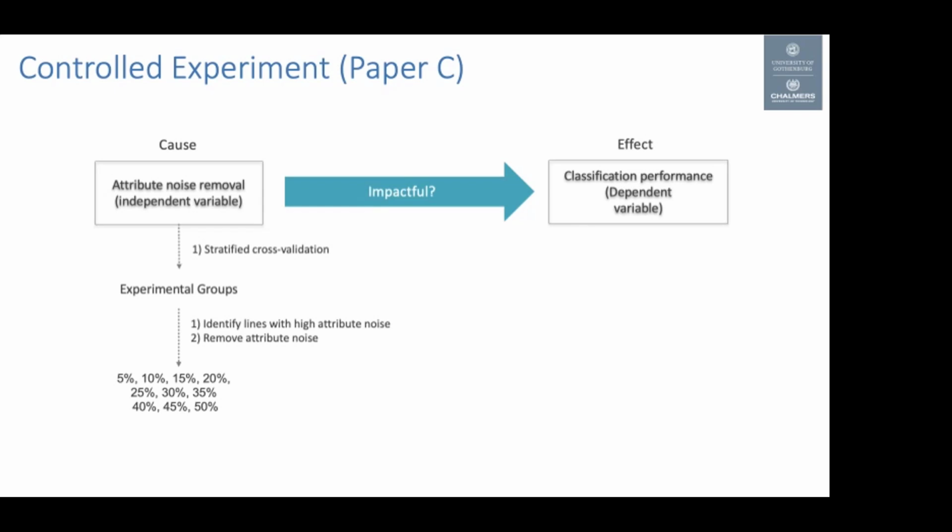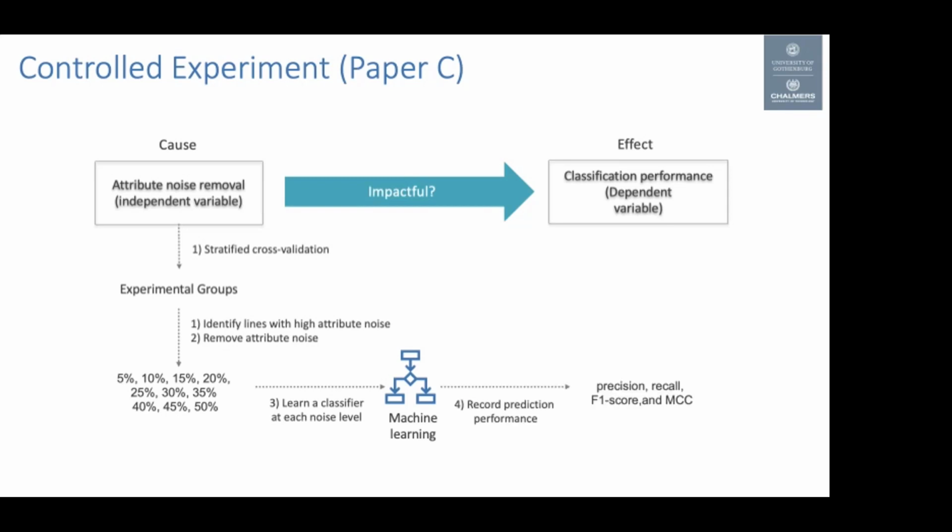After identifying those lines, we started by removing fractions of them from the data. After removing every fraction of lines, we trained the classifier in MeBoTS and recorded its predictive performance to see if attribute noise removal can actually improve the performance of the model.